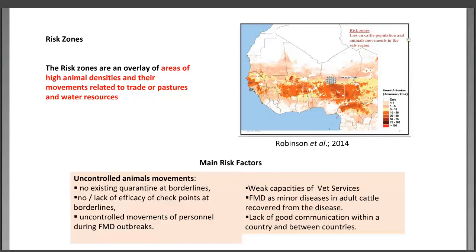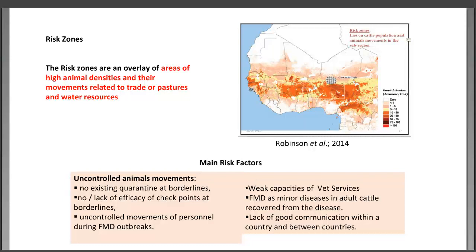Nigeria is the most populous country in the region, and the number of cattle in Nigeria is not comparable with the number of cattle in other nations like Sudan and Niger. So they move their animals for trading into Nigeria.